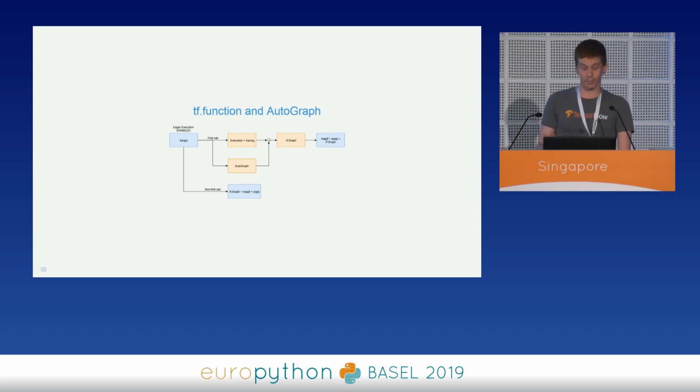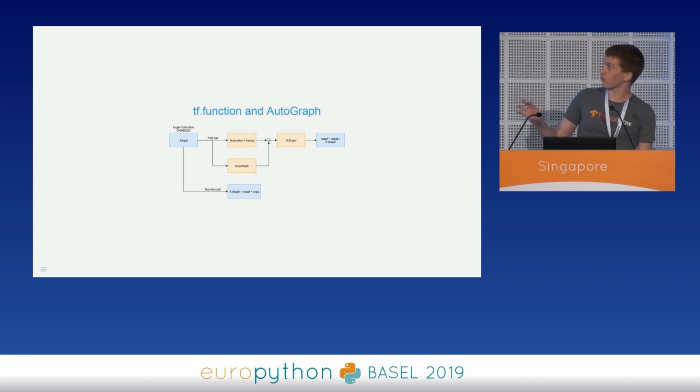At the same time, AutoGraph starts, and is used to detect the Python constructs that can be converted to the graph equivalent. So a while becomes a tf.while, and so on. Once we have gathered all these pieces of information, we can build the graph.